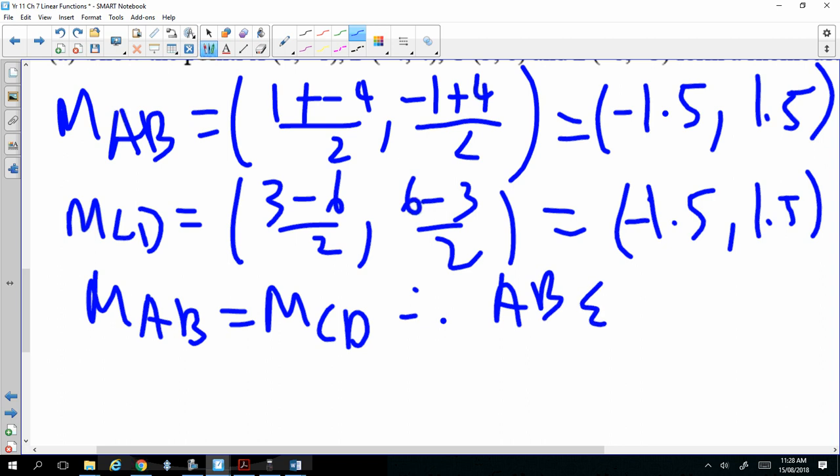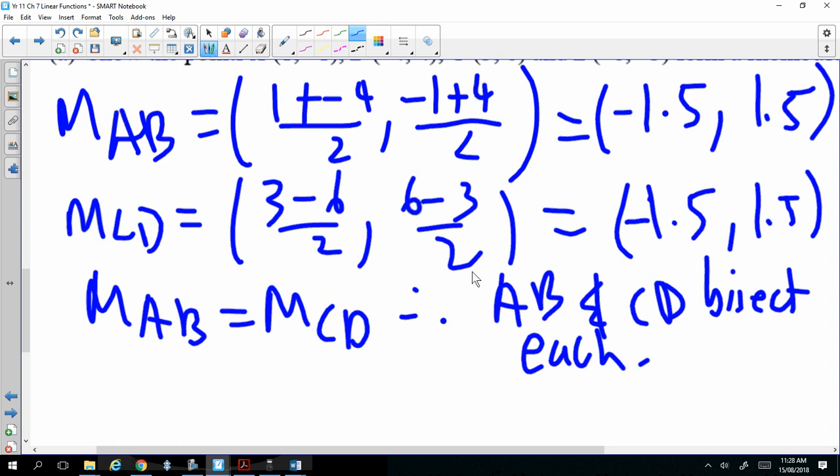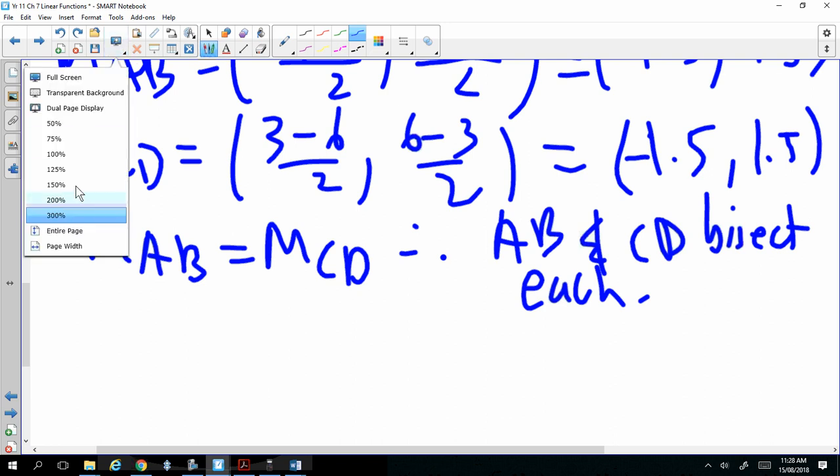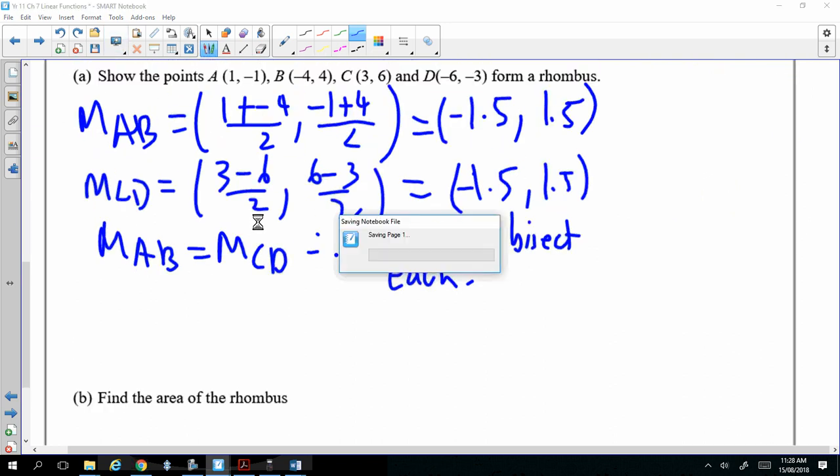Then you have to prove perpendicular, so you find the gradient of AB, which is 4 minus -1 over -4 minus 1, which is -1.